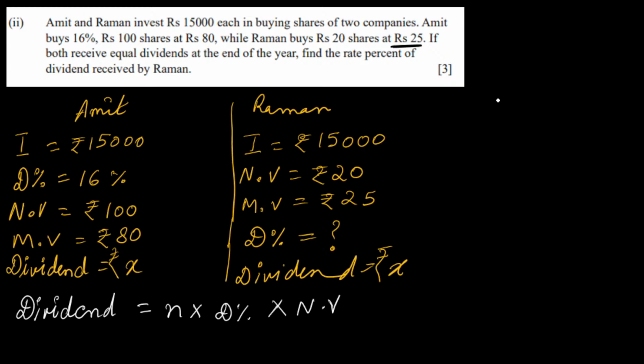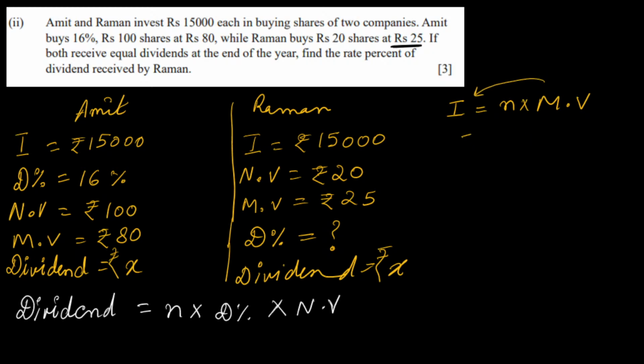Now we don't know how many number of shares there are. So number of shares we can find from the first formula of investment. Investment is equal to number of shares into market value. Here we know the investment.